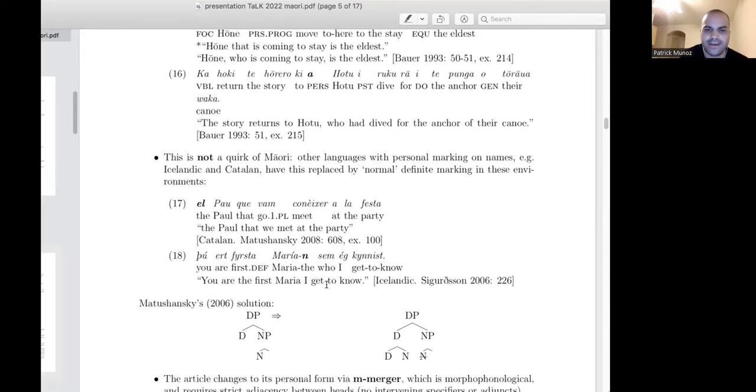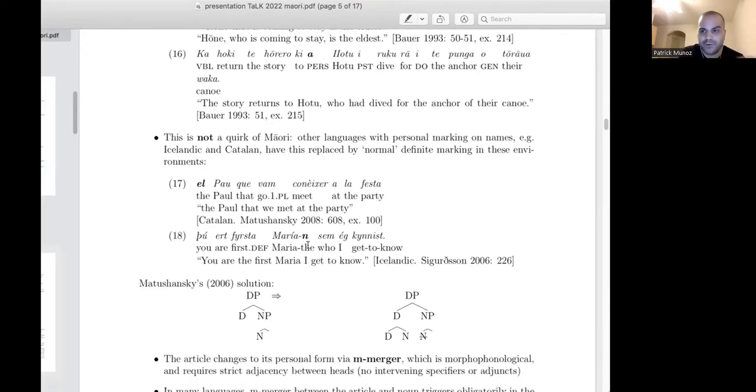Likewise for Icelandic, Icelandic has special marking in front of certain proper names that looks like a demonstrative or a pronoun. So you say things like she Maria to mean Maria in certain environments. But here you don't say that, you say the Maria. If you modify it with the clause who I get to know, so if the reading is you are the first Maria I get to know, or gotten to know, I guess, then you have to use the and not the special personal marking, right?